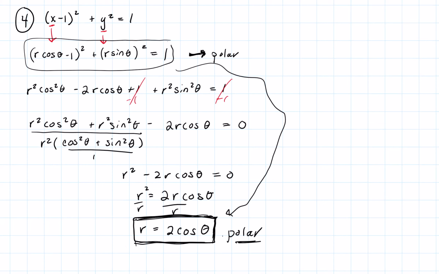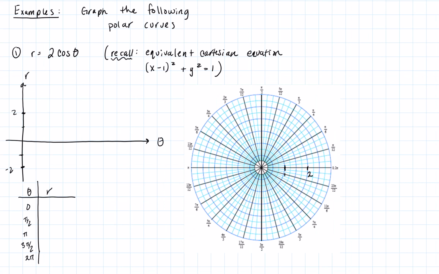And to end this video, I actually want to take that and one other one and graph it. So let's also, on this video, practice just graphing polar curves. Okay, so we're kind of going through all of the different connections between the rectangular coordinate system and the polar coordinate system here.